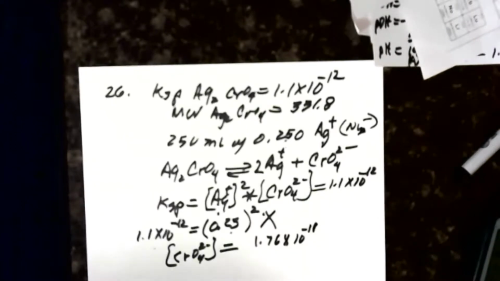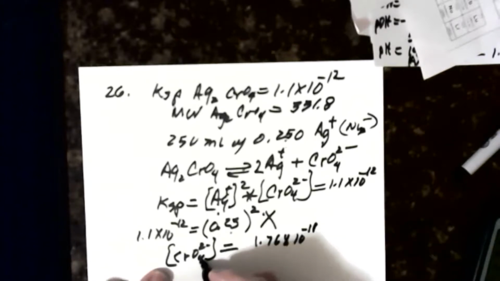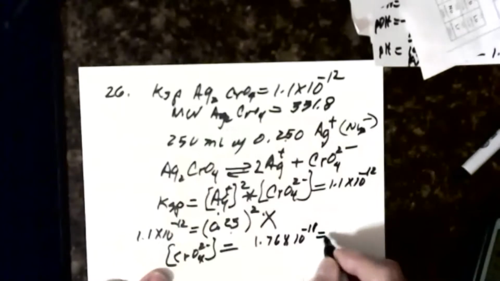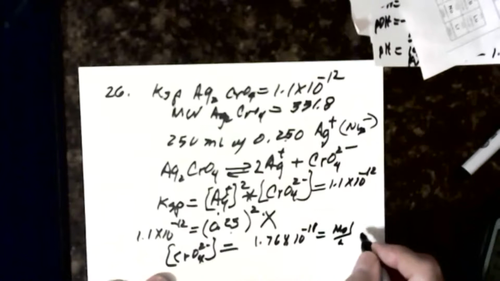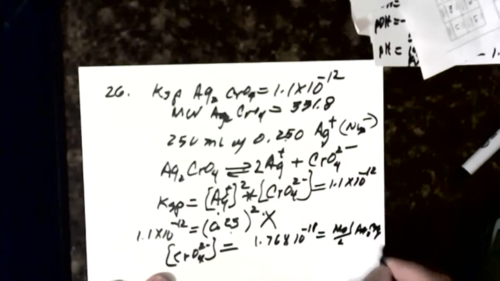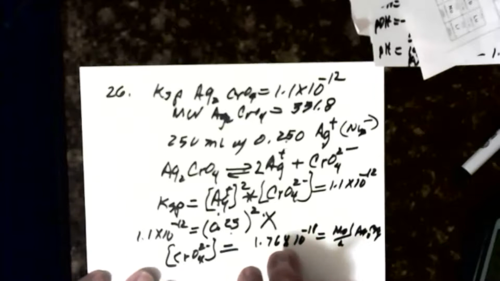chromate. And we want to know how much silver chromate will dissolve. This is how much chromate ion is equal to the moles per liter of the Ag2CrO4. So that's the amount in moles per liter of the silver chromate that dissolved.